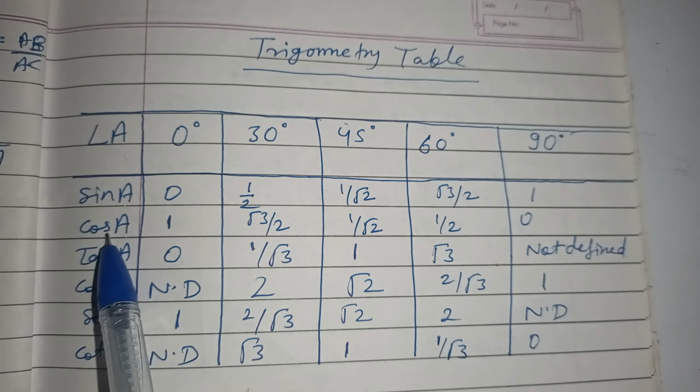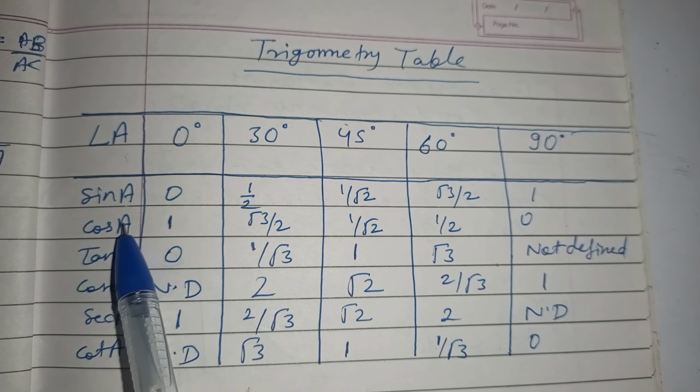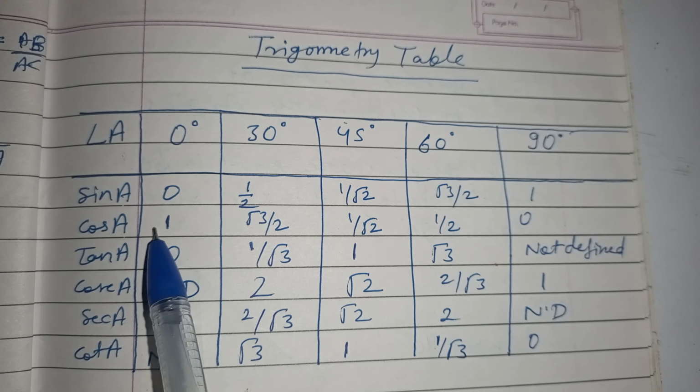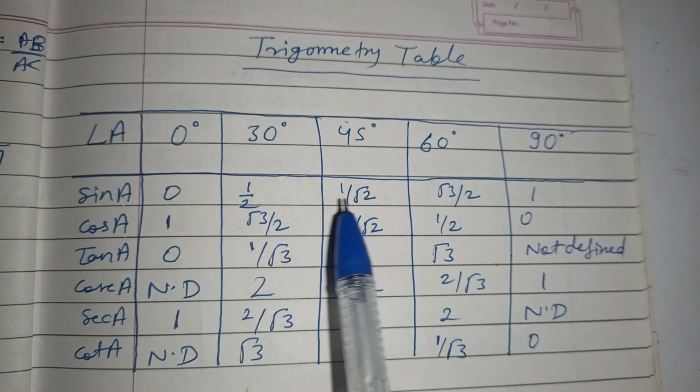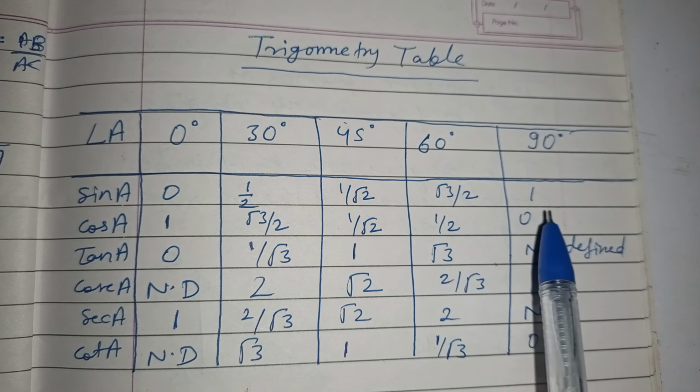And for cos A, it will be just the reverse: 1, root 3 by 2, 1 by root 2, 1 by 2, and 0.